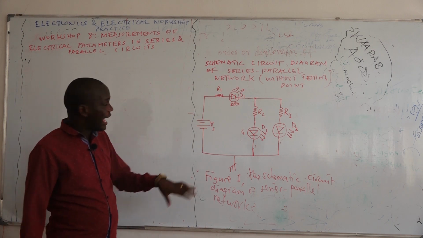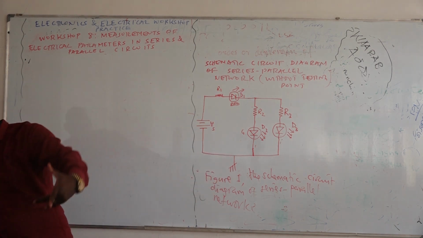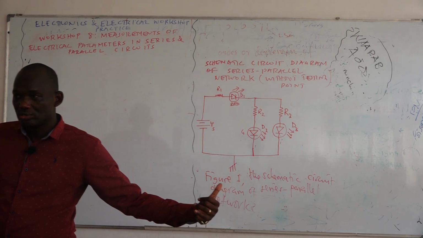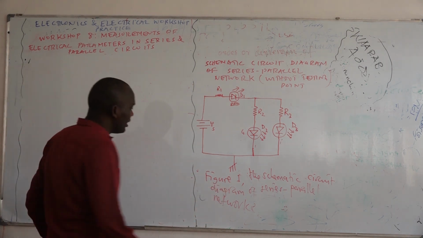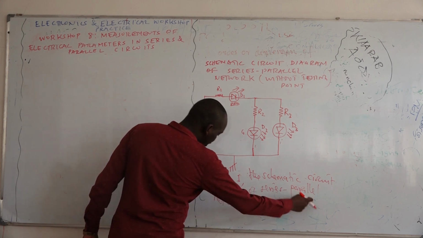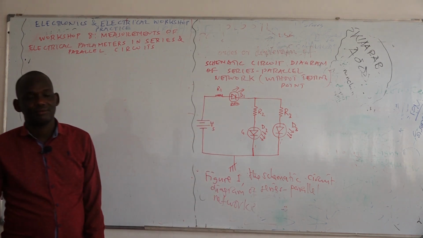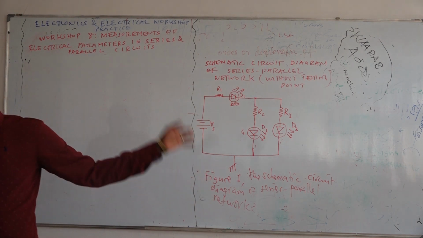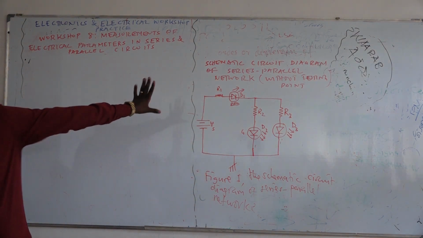If I were you, if you have drawn this one, I would draw the second one with values. And for this one we just write the schematic circuit diagram of general series parallel network. So you'll draw the second one, right, with these values.